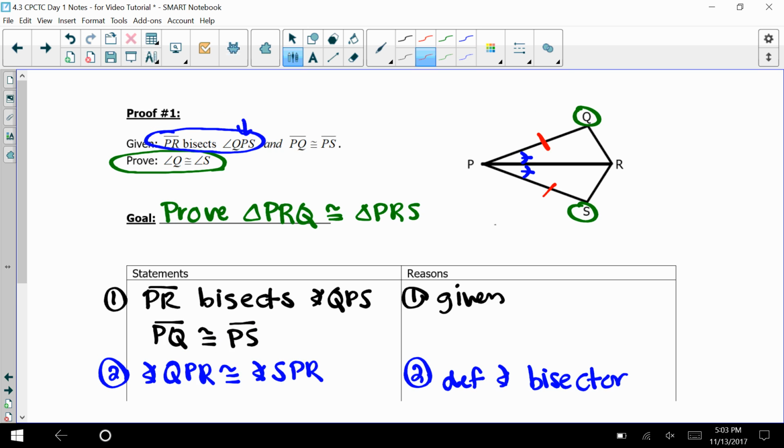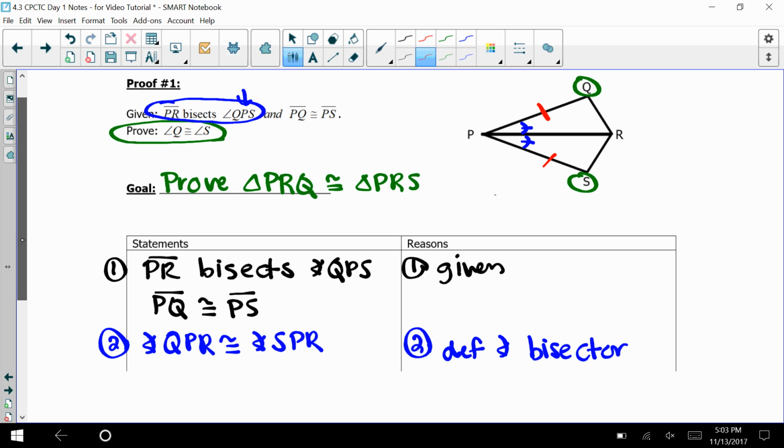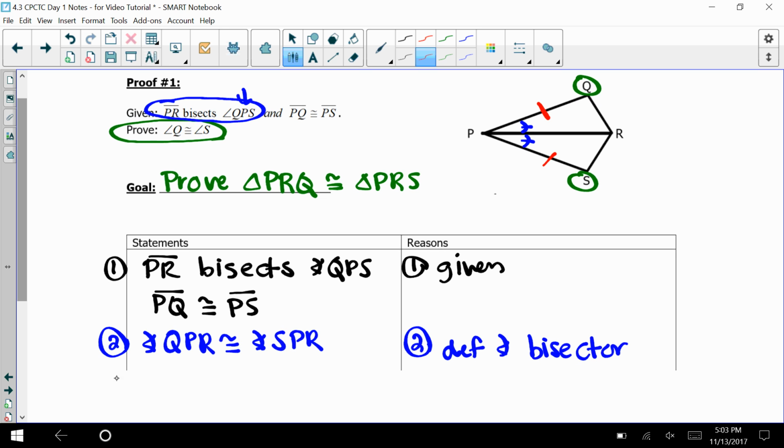Another thing that we can conclude from the diagram is what? What else do we know? So take a minute to think about it. What else do we know about the diagram? And again, our goal is to prove that these triangles are congruent first before we get to our actual proof statement. But if we're thinking about it, we know that, ooh, PR is congruent to PR through the reflexive property.